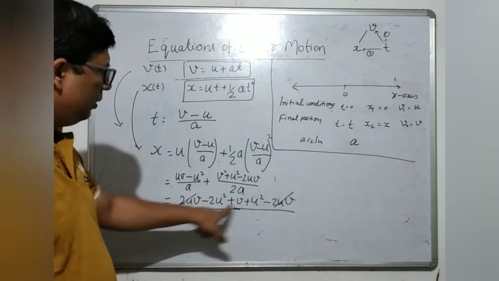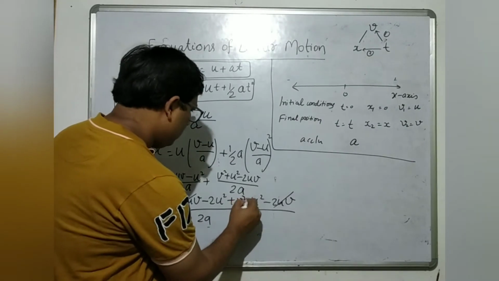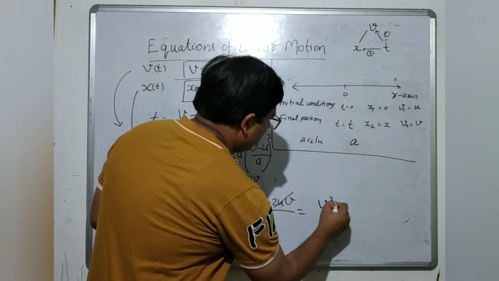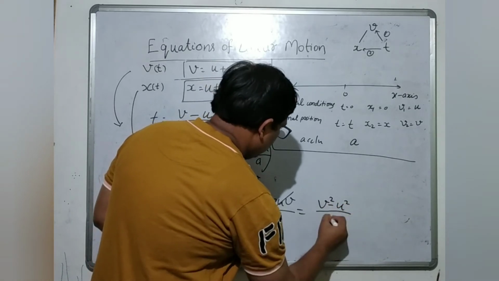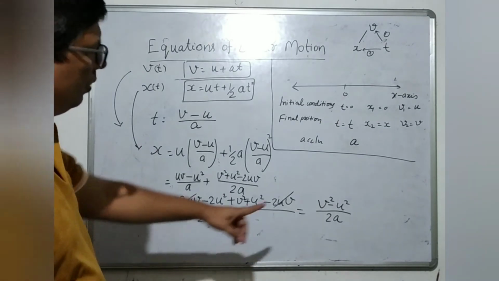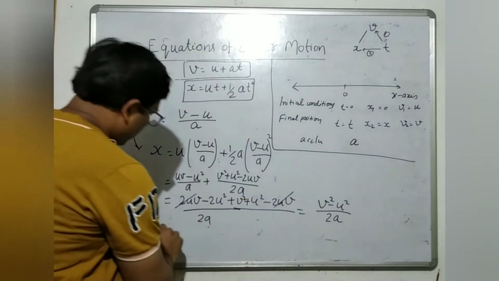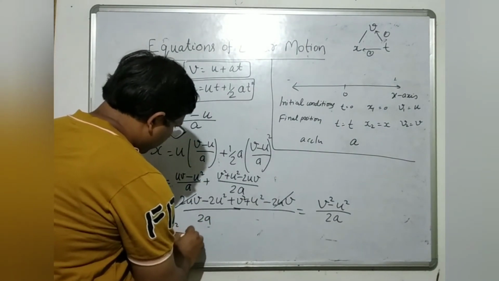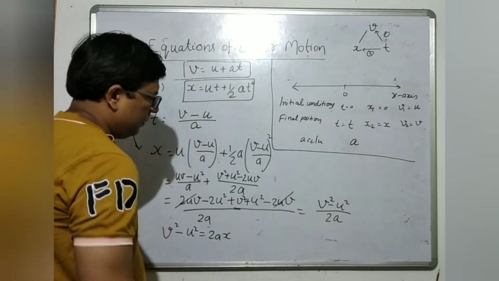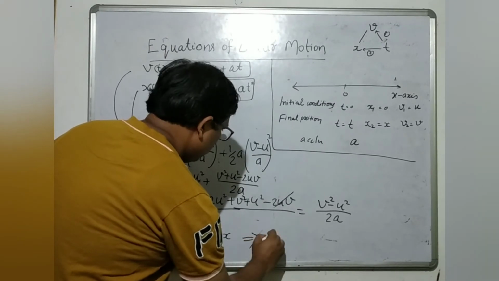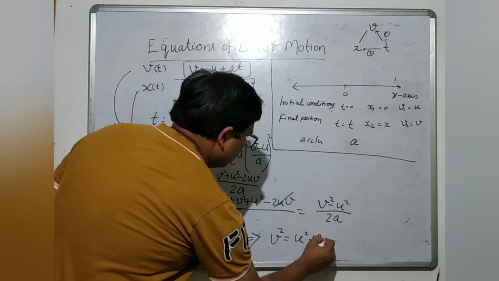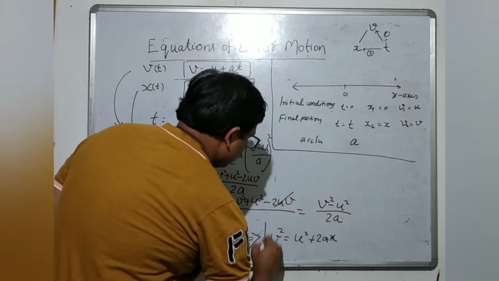This is minus 2u square, this is plus u square, so this will become minus u square, that means (v square minus u square) by 2a. So x is equal to (v square minus u square) by 2a. So v square minus u square is equal to 2ax. So this gives v square is equal to u square plus 2ax.